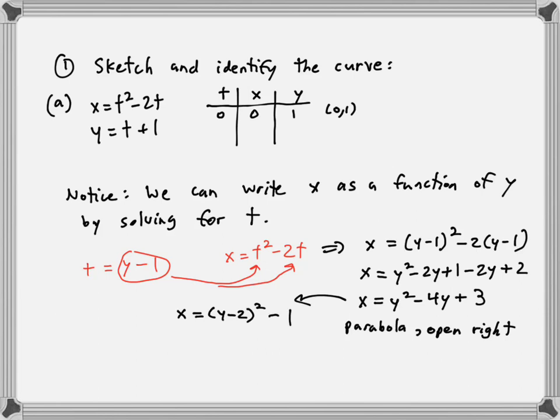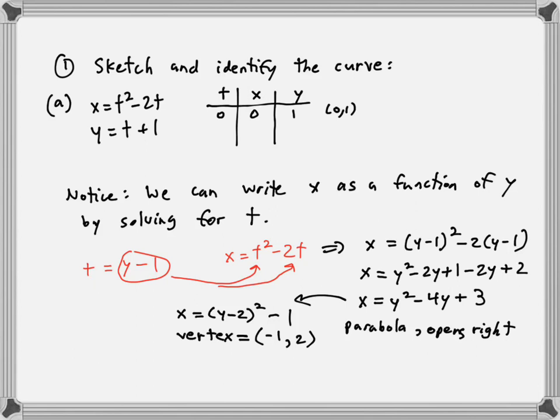What this actually means is that the vertex of the parabola is negative 1, 2, because if you plug in 2 for y, x becomes negative 1. And this is your vertex, and it opens to the right.